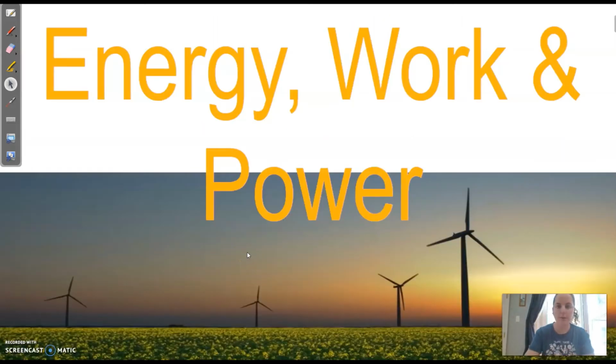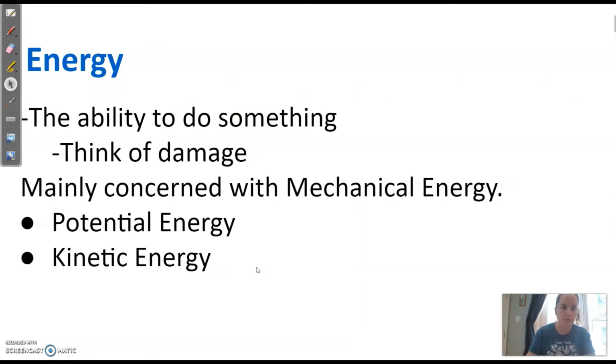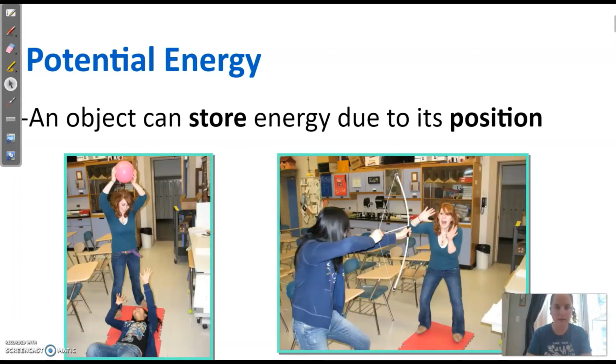Okay, so let's talk about energy, work, and power. Energy is like the ability to do something. Think of it in terms of the ability to do damage. What we're mainly concerned with is mechanical energy, and what that consists of is potential energy and kinetic energy. Potential energy is when an object can store energy due to its position.